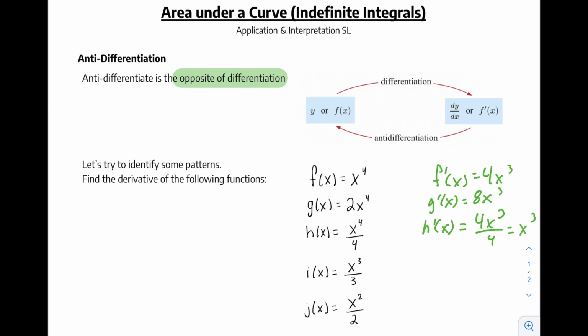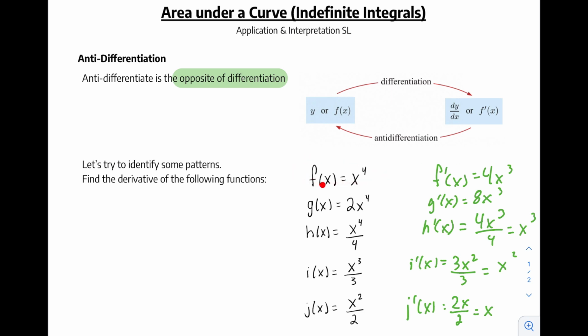And the next one we're going to have 3x to the power of 2 over 3, which simplifies to x squared. And for the final one, we're going to have 2x over 2, which is just equal to x. So let's look at the patterns.